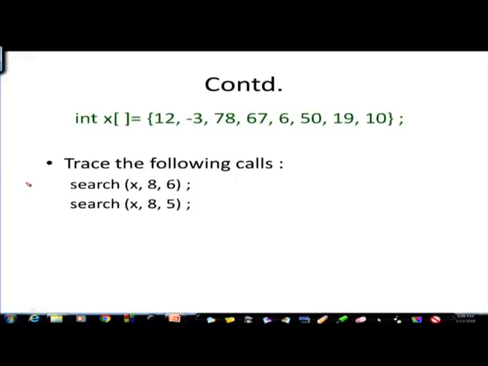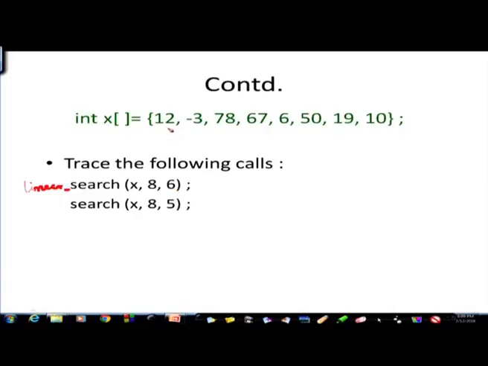It should be written down as linear search. I am calling with the array X, all right. The size of the array 8 and the key is 6. Okay. Here what will happen? Size of the array is 8.